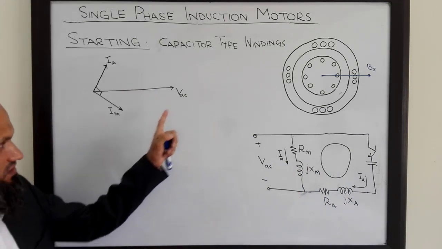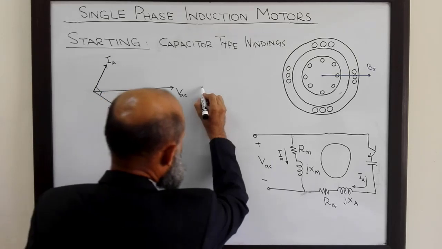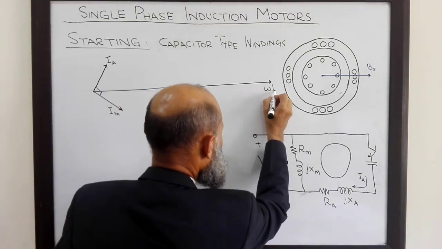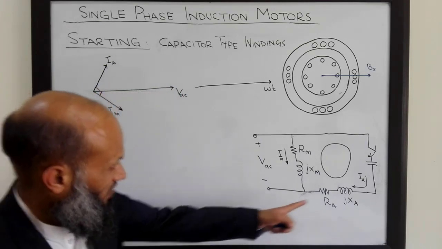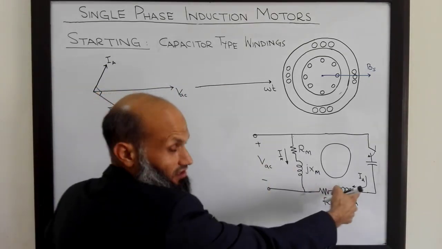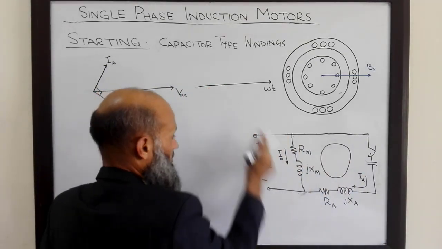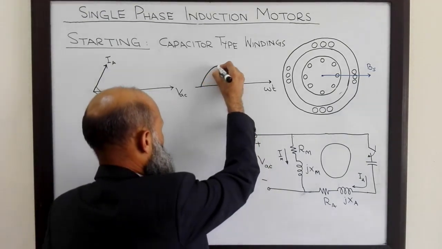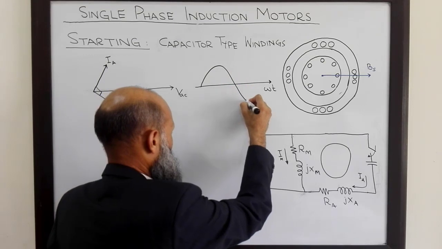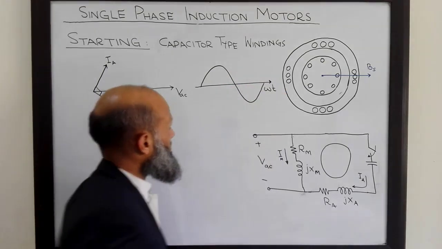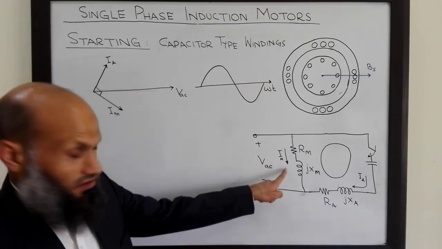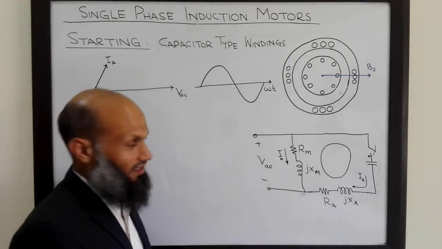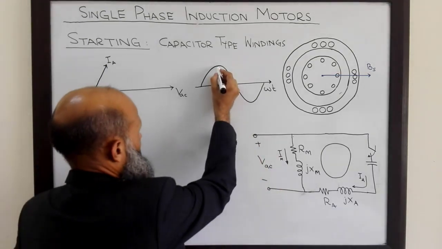If I sketch these currents in the time domain, we have this situation. Omega t, we have current Ia, a sinusoidal current, because we have applied a sinusoidal voltage. And this current Im lags Ia by an angle of 90 degrees.